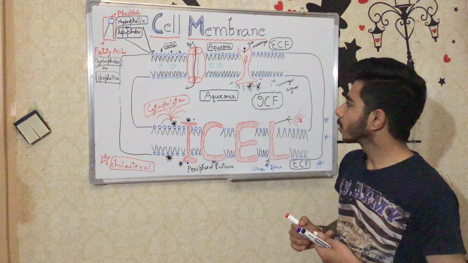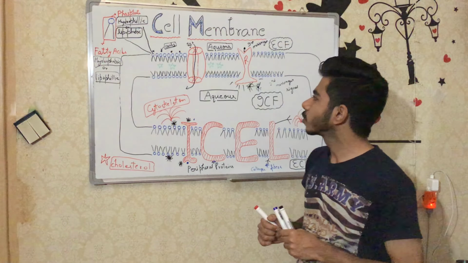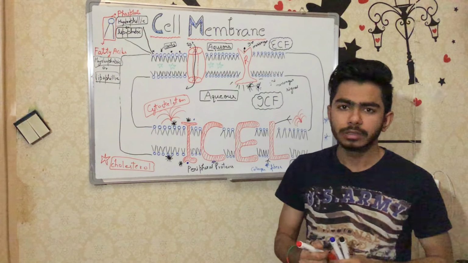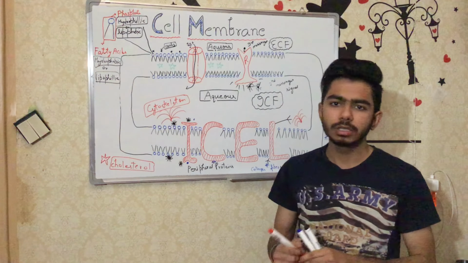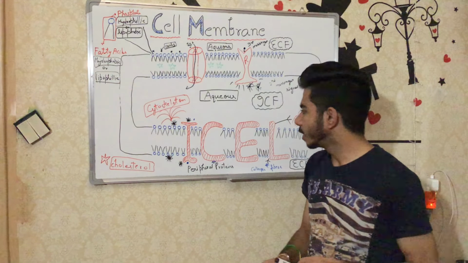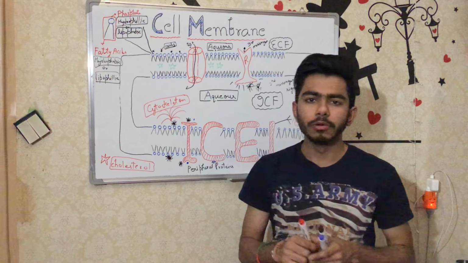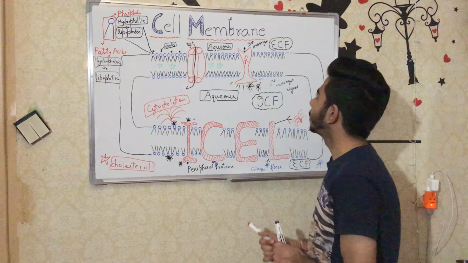I hope this helps you a lot. I have discussed the phospholipids and the associated proteins mainly, and in associated proteins the peripheral proteins, as well as the integral proteins or transmembrane proteins. So this was all about the cell membrane.